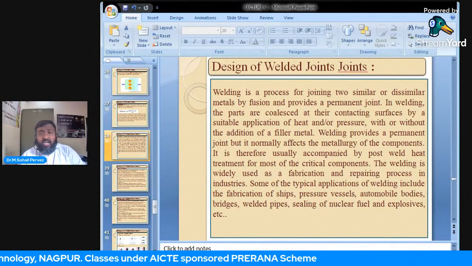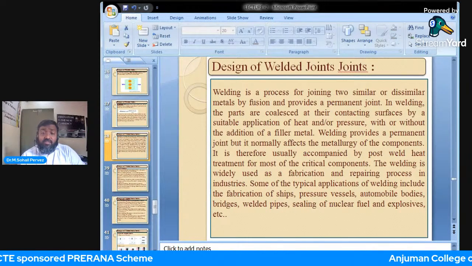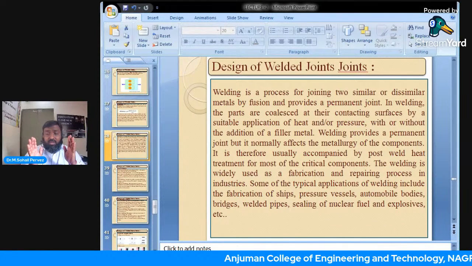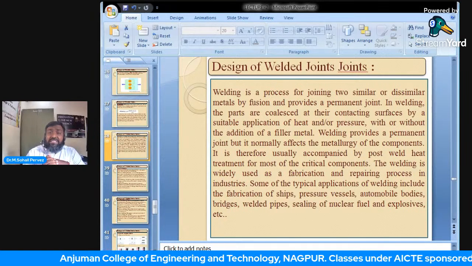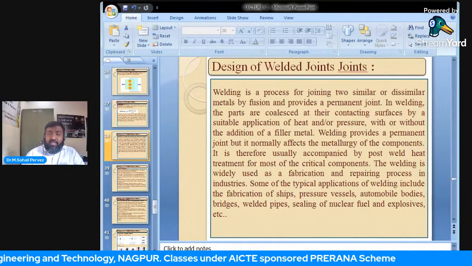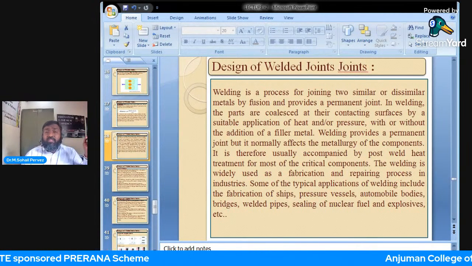Generally, in electric arc welding, it is the electrode. Now, the contacting surfaces are heated to high temperature. Let it be arc welding, let it be gas welding, or argon welding. There are a number of methods of welding.